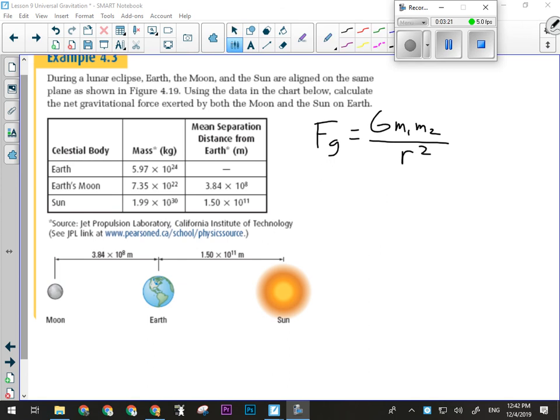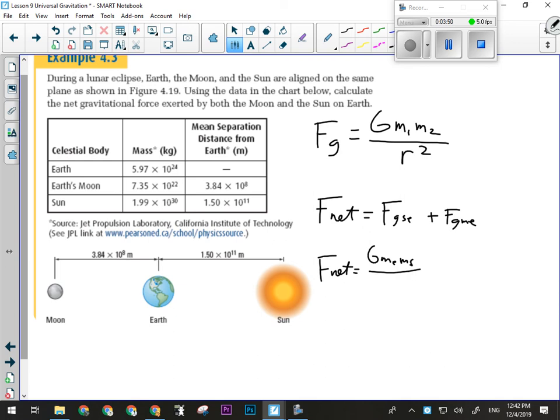All right, net force is the vector sum of all forces. Everybody okay with that? So if I'm looking at this from the Earth's perspective, the two forces acting on the Earth are the force of gravity between the sun and the Earth and the force of gravity between the moon and the Earth. Do I have a way to calculate those two forces? Yes. So all I have to do is say that F net equals big G times the mass of the Earth times the mass of the sun divided by the radius between the sun and the Earth squared.